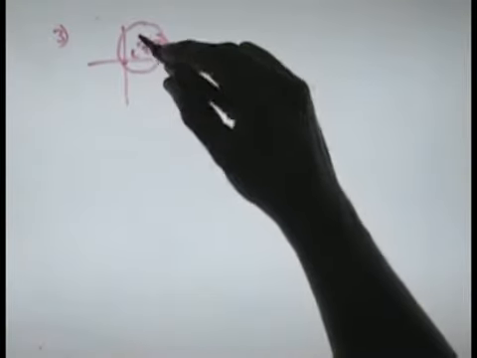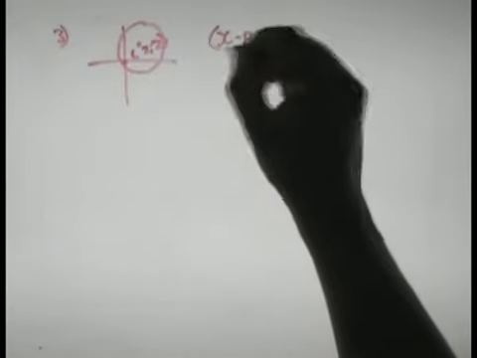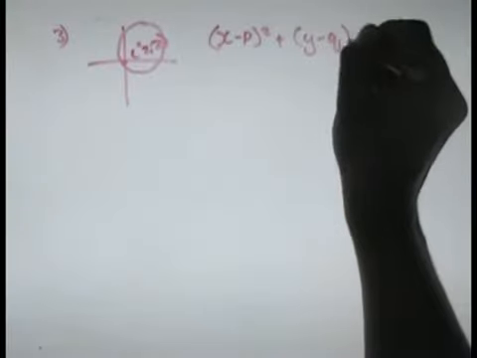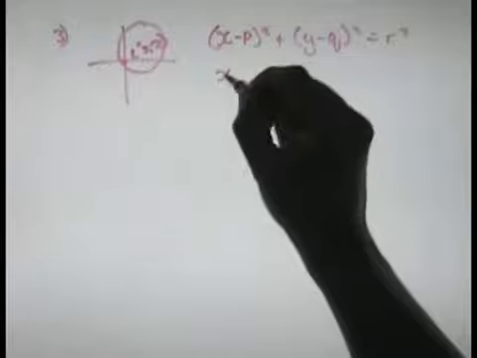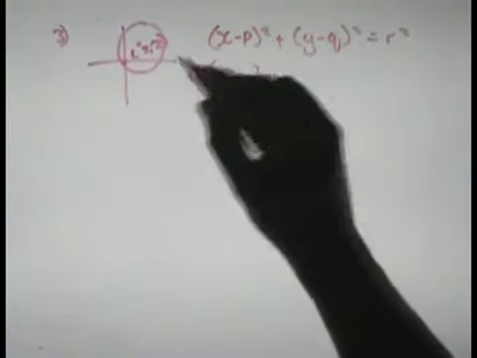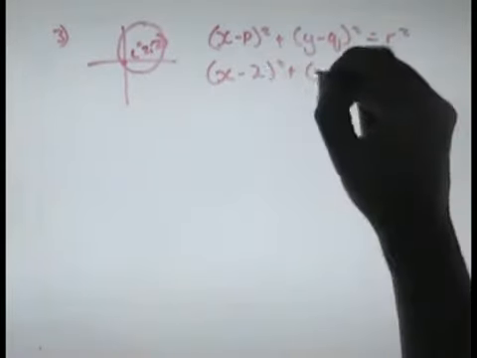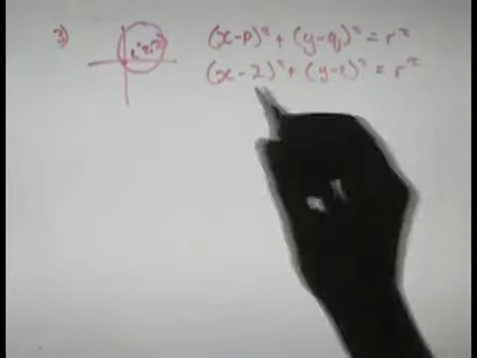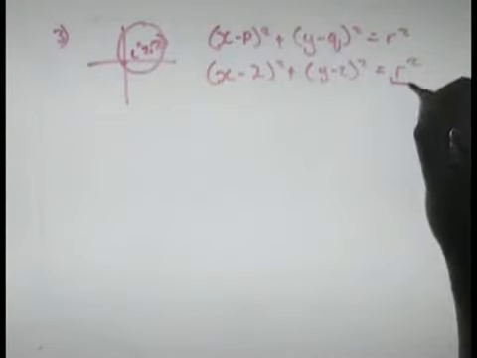Now, because the center is not the origin, we're going to have to use the equation x minus p squared plus y minus q squared is equal to r squared, which is going to read x minus p, our p value is 2, x minus 2 squared plus y minus 2 squared is equal to r squared. And that's the equation, except we need to find r.